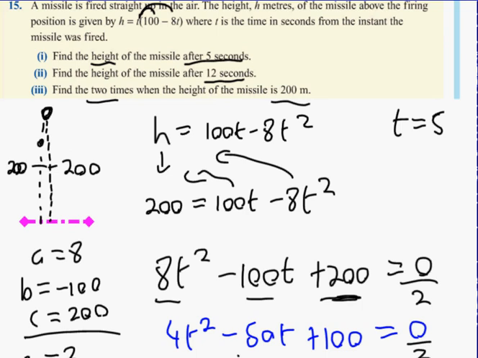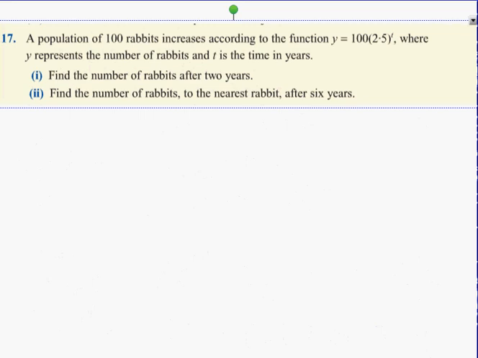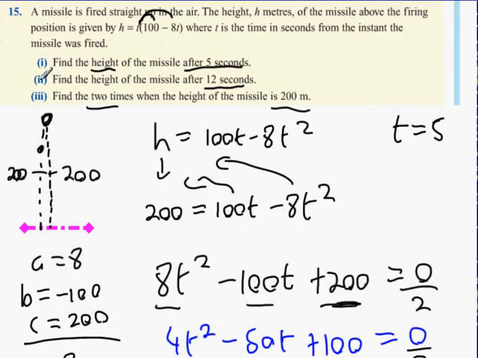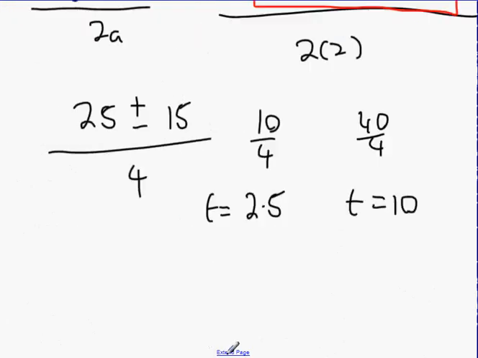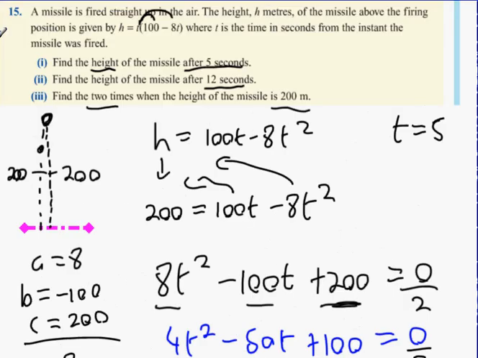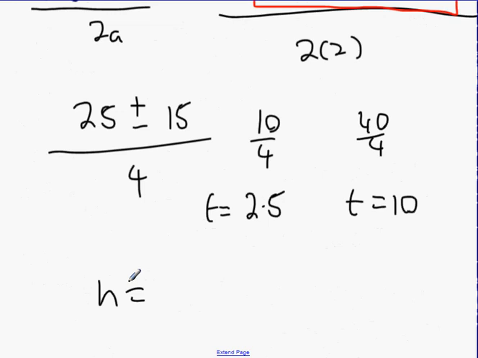Okay. Finally. So if you were to put that in now, would you get the answer there? Like 2.5 in? If I put time equals 2.5, I'll get h equals 200. What Sam told me there was that if I used the original equation, height equals, what did I modify it into? 100t minus 8t squared.